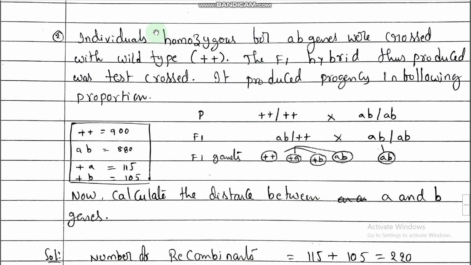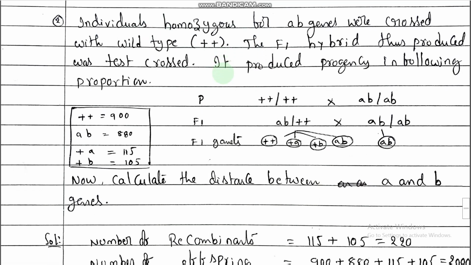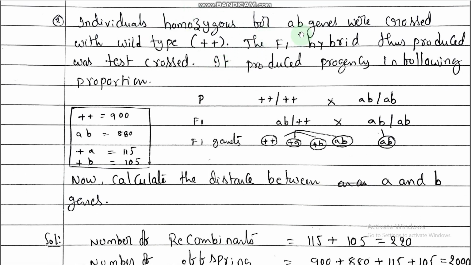So, problem number 2. An individual homozygous for a, b genes was crossed with wild type plus. The F1 hybrid thus produced was test crossed. It produced progeny in the following proportion. So whenever you see a question that looks tough, it's a very easy question.